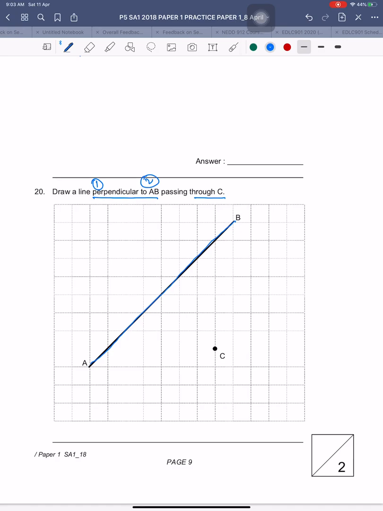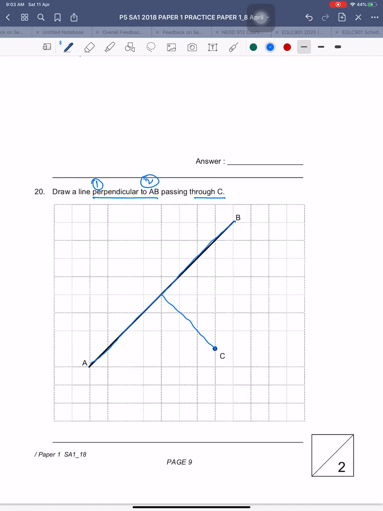And it must pass through C. Again, you can use your set square or your ruler to help you. So what I do is I can start from C first, and then it will cut through.